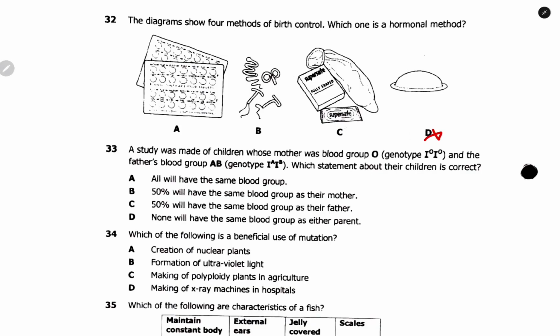Then coming to C, as you can see, these are condoms. This is the common product on the market. It is latex, normally fitted on the erect penis during sexual intercourse. So it is not this one. Then B is called the intrauterine device or IUD.